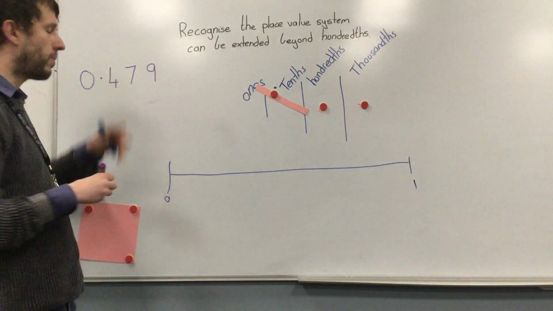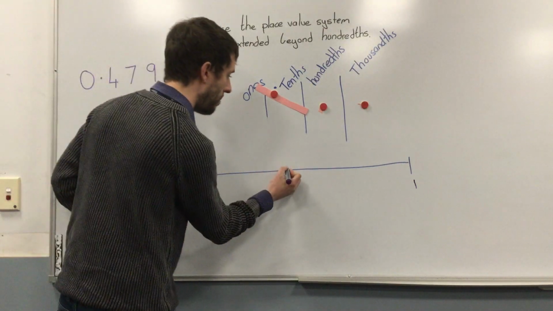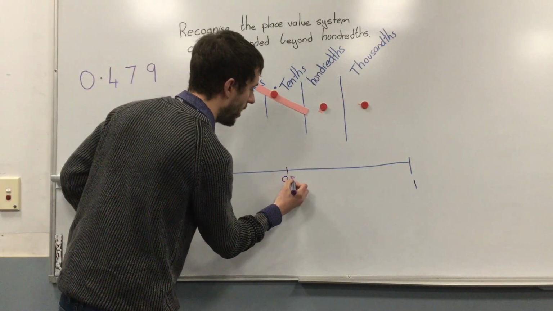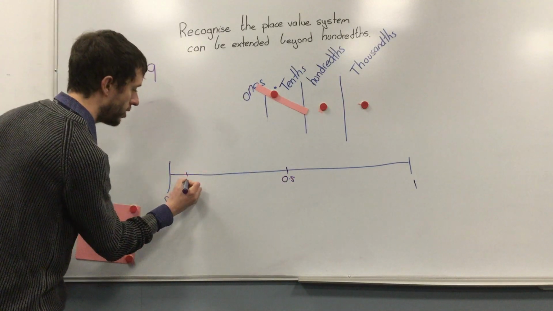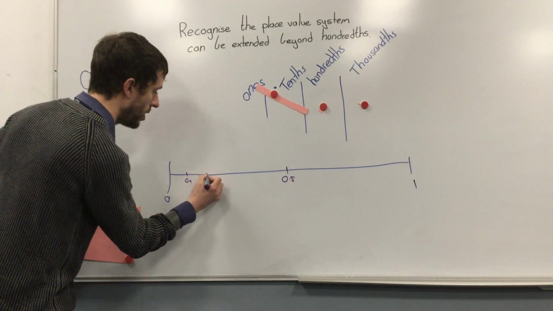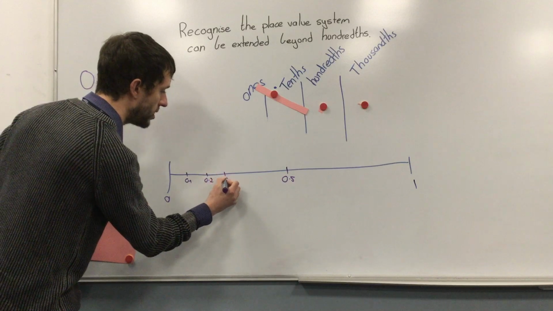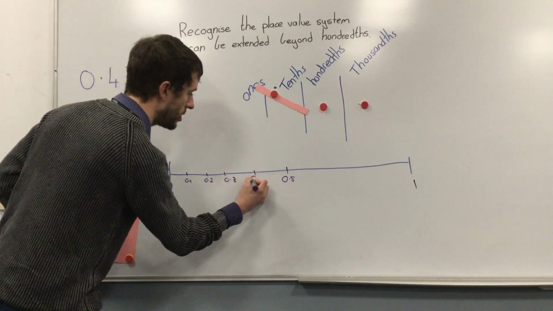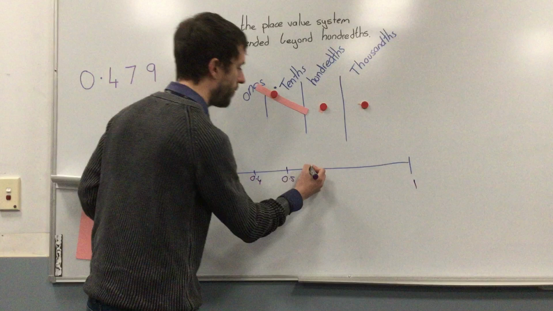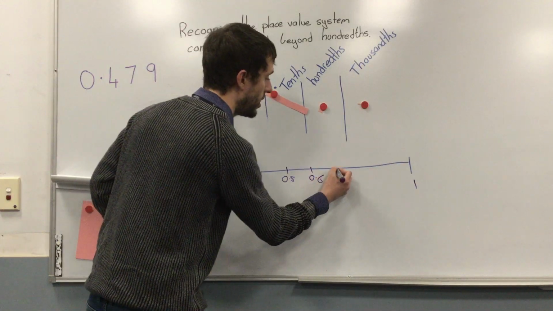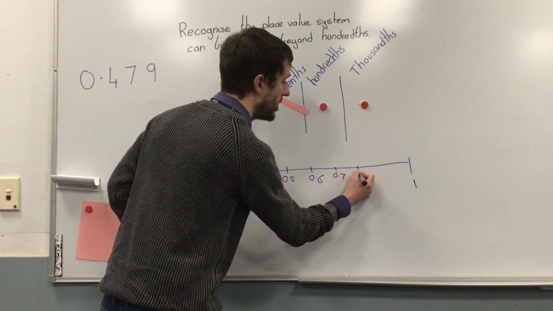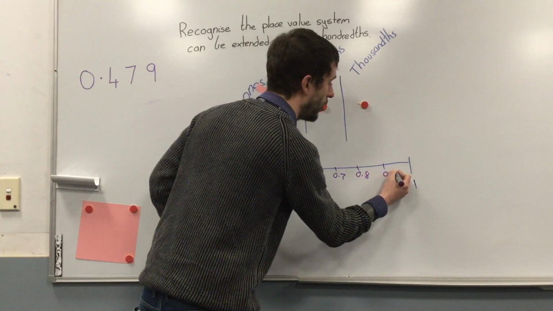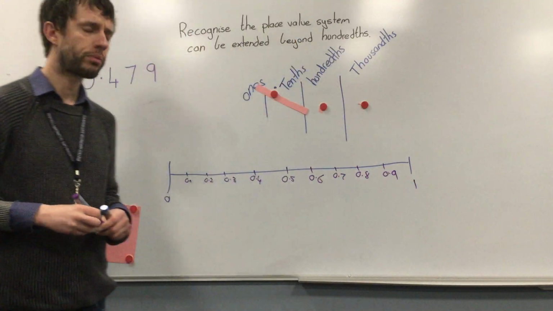I break it down using my tenths. So in the middle, I'll have 0.5, and I've got 0.1, 0.2, 0.3, 0.4, 0.5, 0.6, 0.7, 0.8, and 0.9.